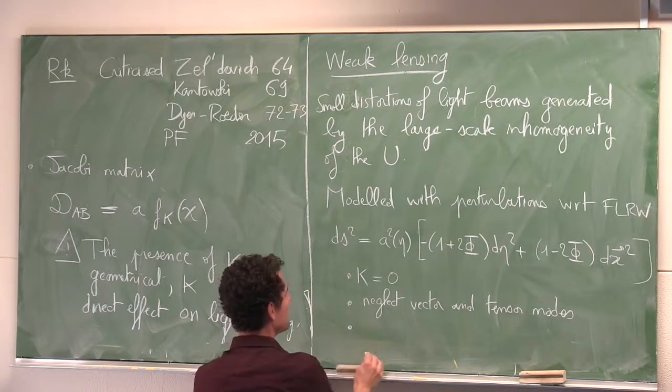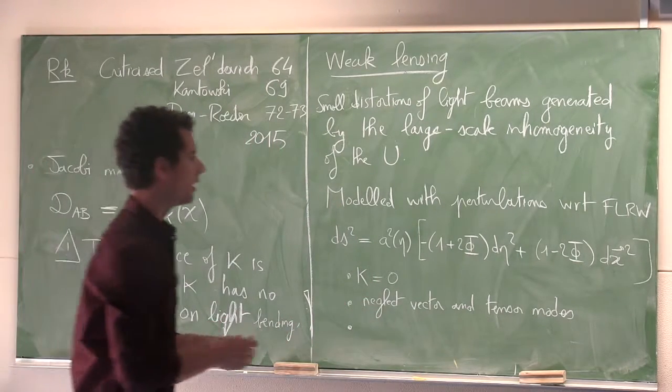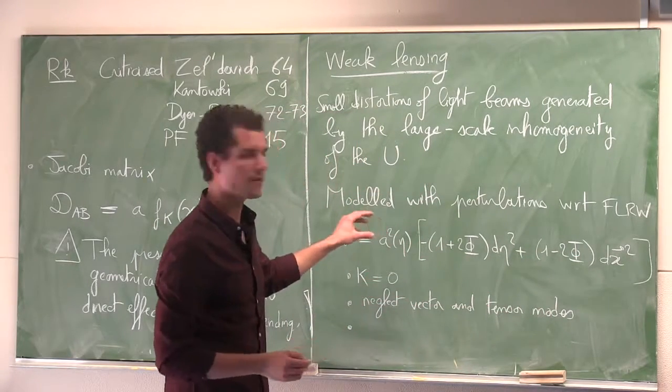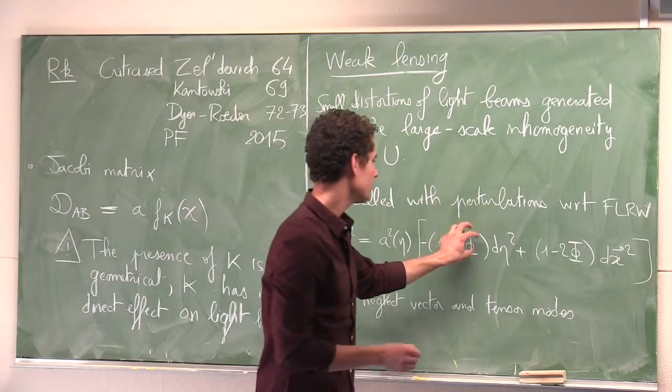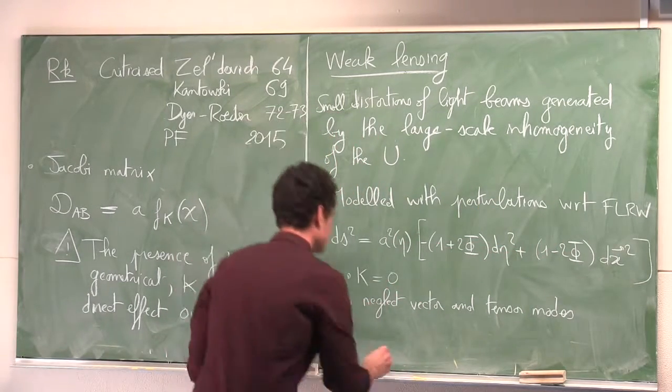And I also considered that the anisotropic stress of matter contents is negligible, so that the two gravitational potentials, scalar Bardeen potentials phi and psi, are identical.